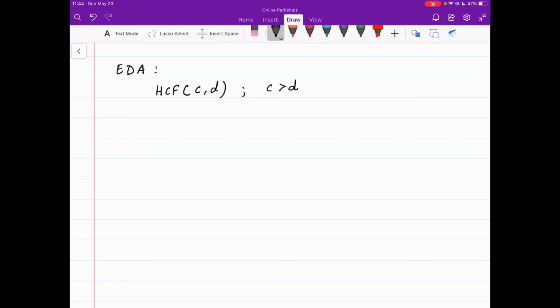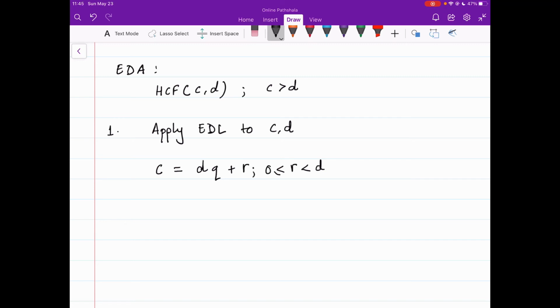Step number 1: apply Euclid's division lemma, EDL, to C and D. What we need to do is find the numbers Q and R such that C equals DQ plus R, where R is less than D but greater than or equal to 0.